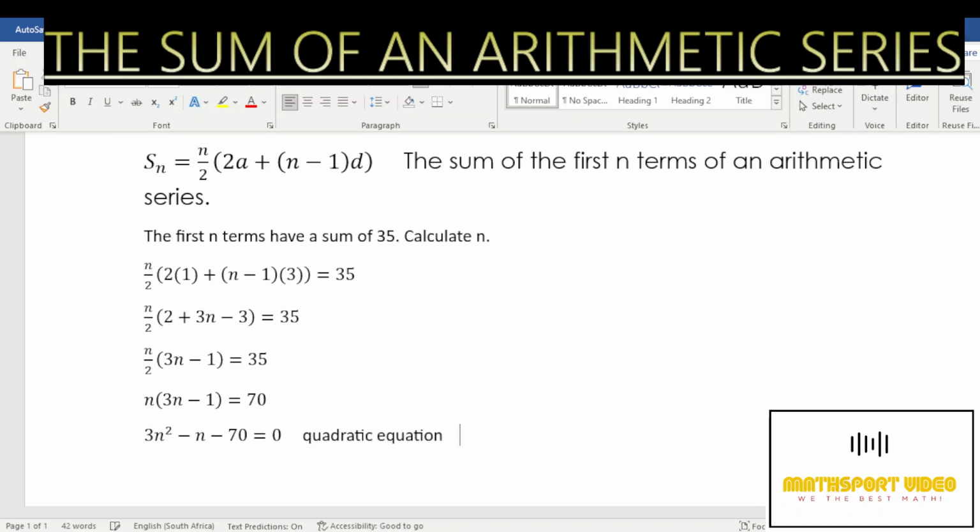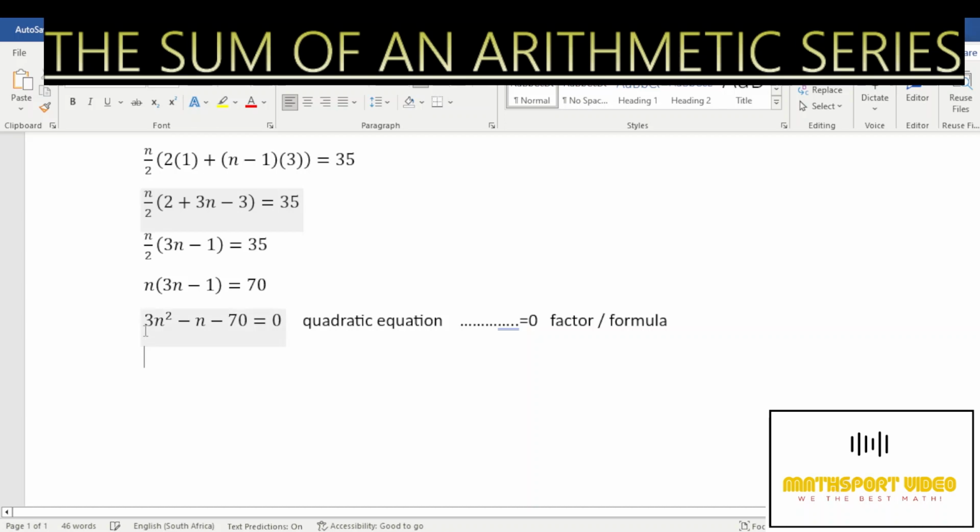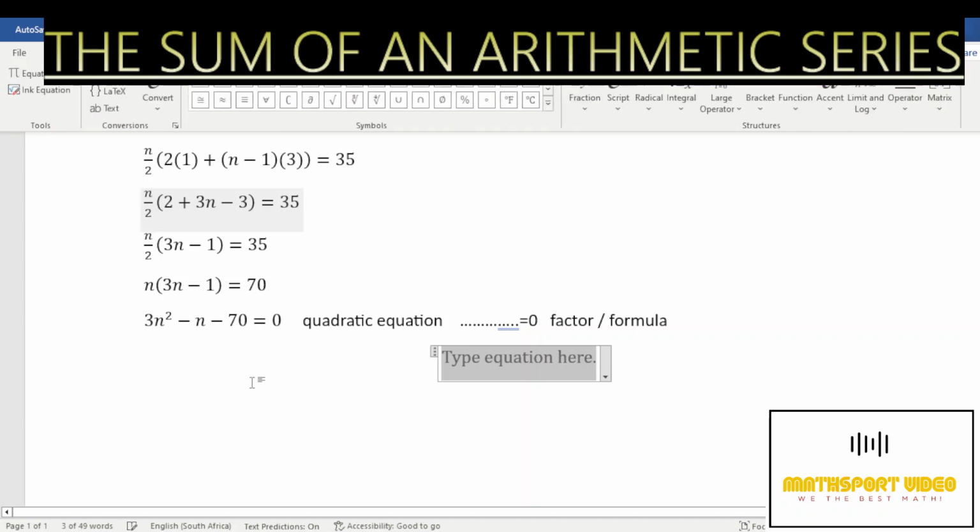Okay, so we must remember, get it equal to 0, and then we can either factorize or we can use the formula to be able to solve it. Okay, so solving this is just a matter of now possibly just using your formula.